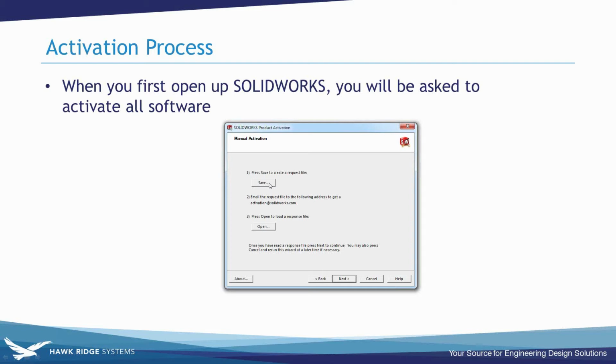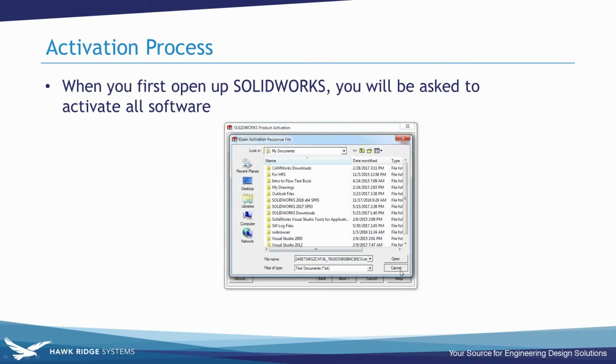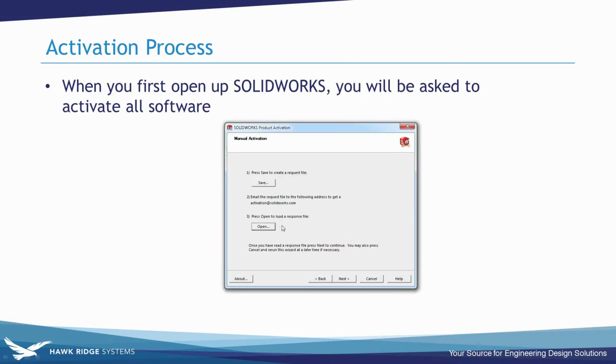So what you would do is save out this request file and email it to activation@SolidWorks. And what happens after is they'll send you back an email with a text file attached. You would download the text file, start up SolidWorks again, select the manual activation option, and then select this open option and browse to the text file that they send you.